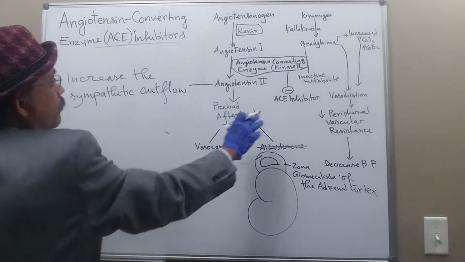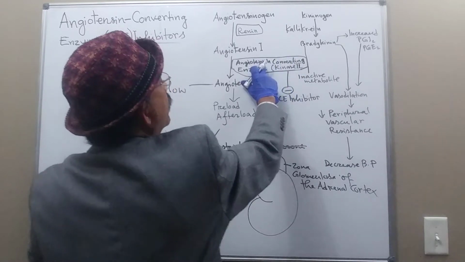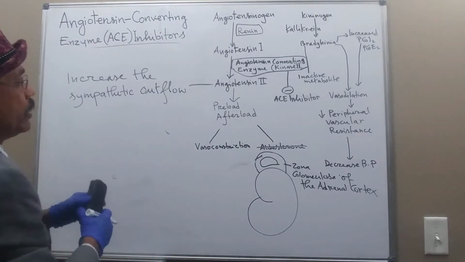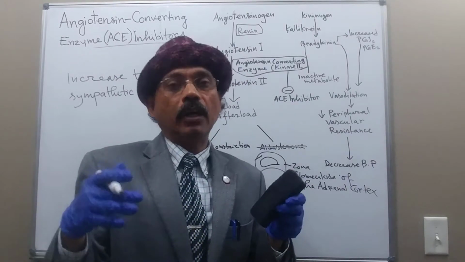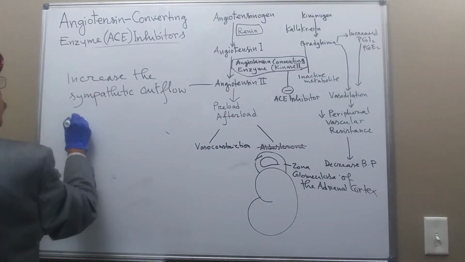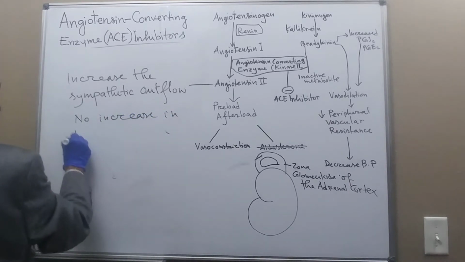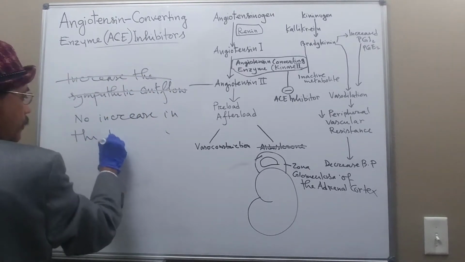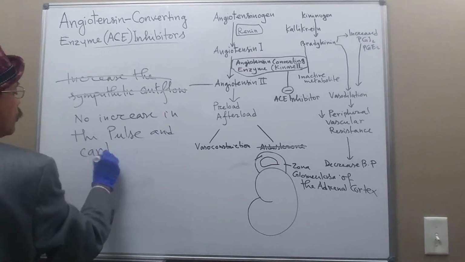So by this ACE inhibitor, if you can suppress this enzyme, there will be no angiotensin 2, so there will be no sympathetic outflow, so there will be no increase in the heart rate or pulse rate. So if you can cut that, then no increase in pulse and cardiac output.